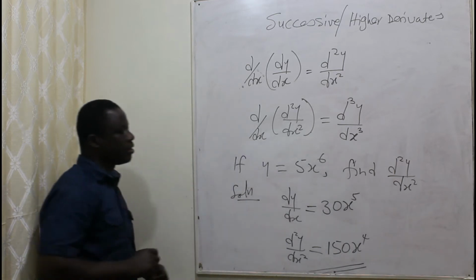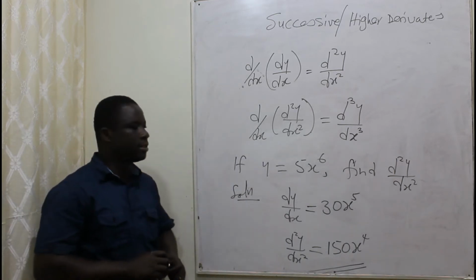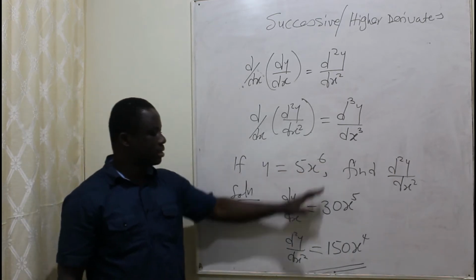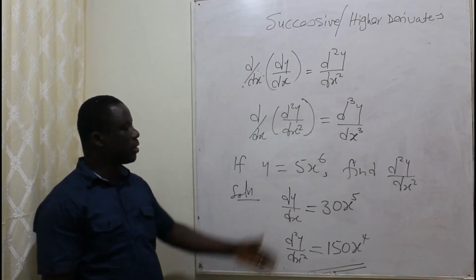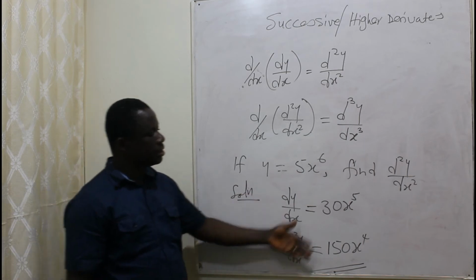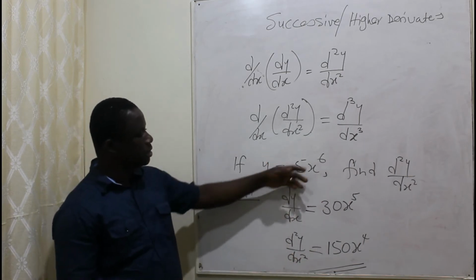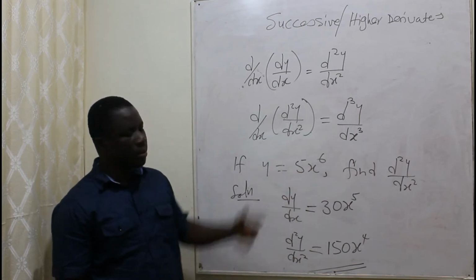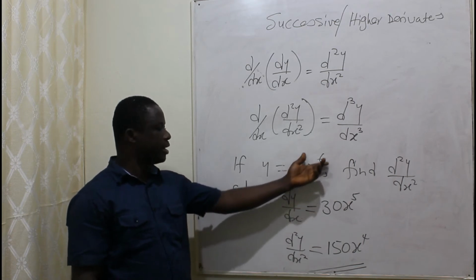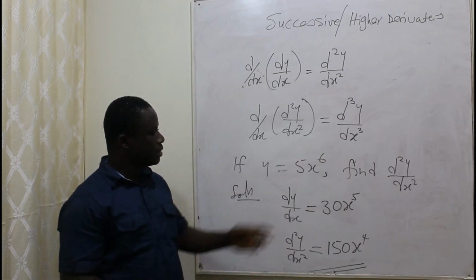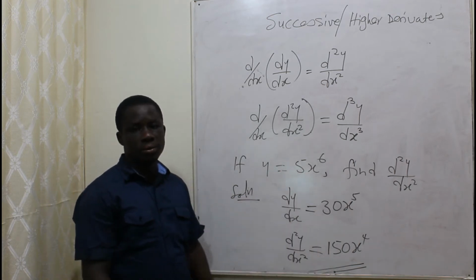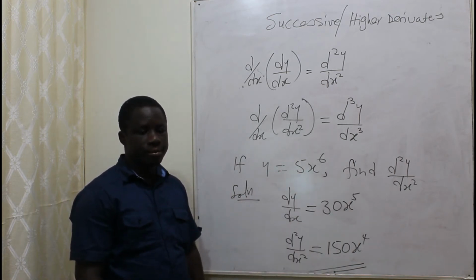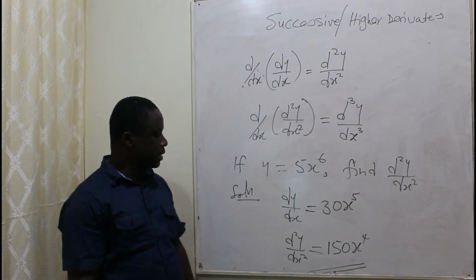So that is the result, the second derivative. When you differentiate twice, this is the result. Per the rule, you can continue differentiating, so you differentiate 6 times. When you go beyond 6, because the degree is power 6, the function will go to 0. So that is it.